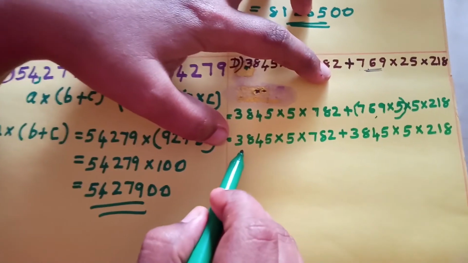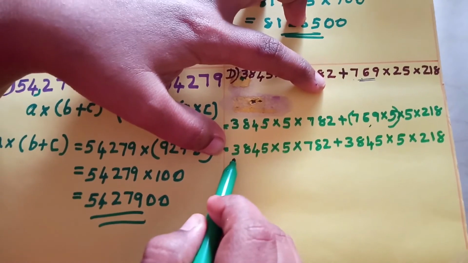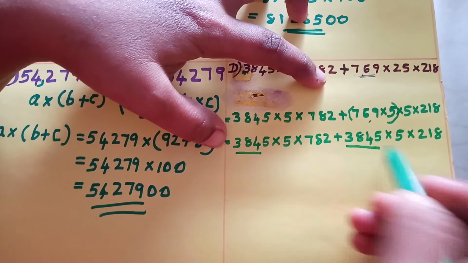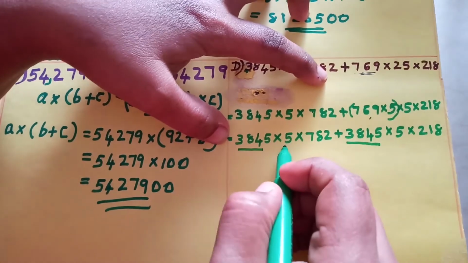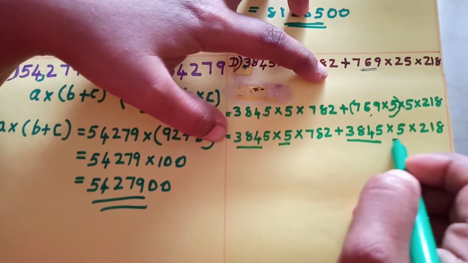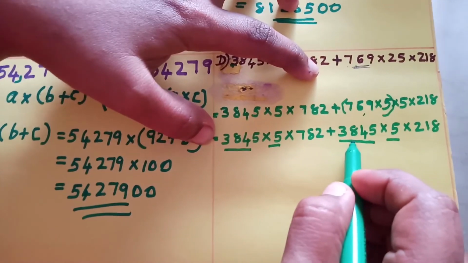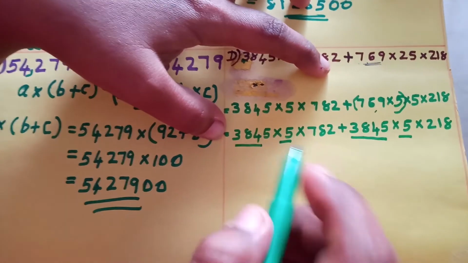Now you can see 3,845 here and 3,845 here also. One more factor is there, 5 and 5. So you can take both the factors outside. You can consider these two numbers as A.